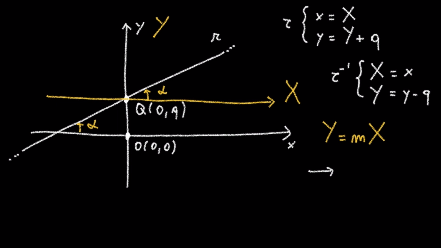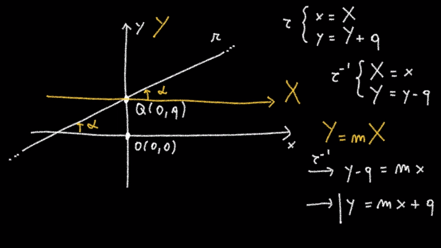So here we apply tau to the minus 1, so capital Y becomes y minus Q, and m capital X becomes mx. And this is y equals mx plus q.